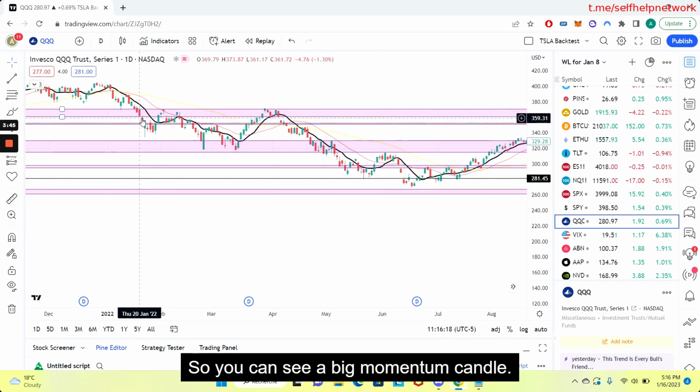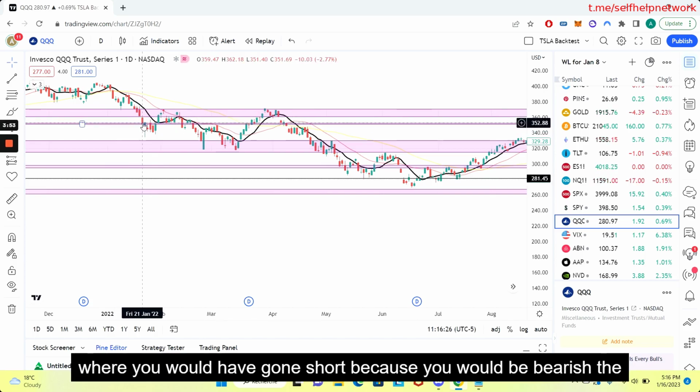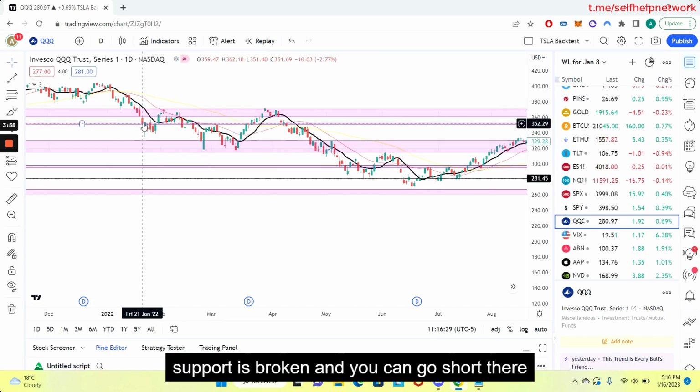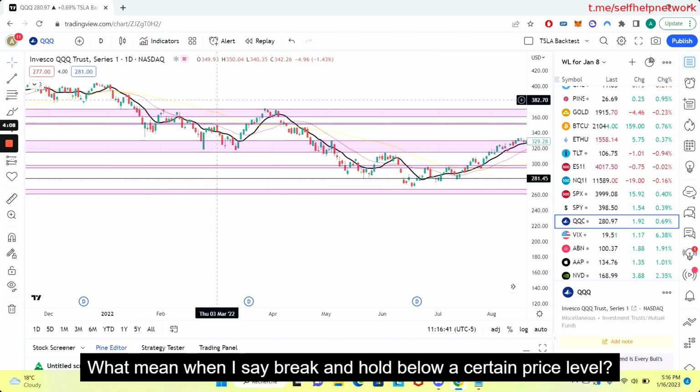You can see a big momentum candle break below the support, and that's where you would have gone short because you would be bearish. The support is broken and you can go short there because this is a big momentum candle below the support. It shows that the bears are in full control.